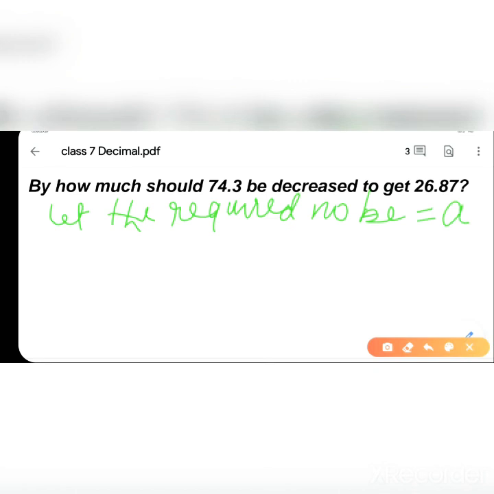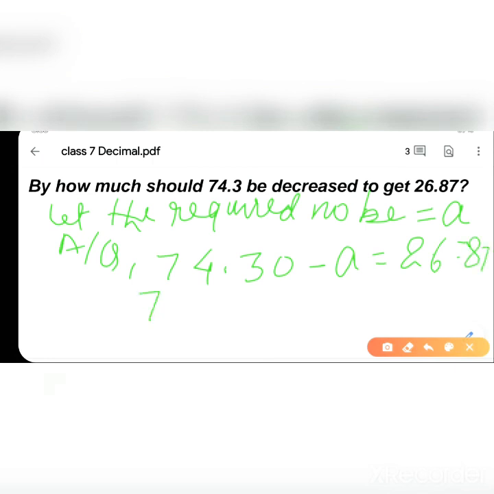So by how much should it be decreased? I'm converting it in the question itself into like decimals. 74.30 should be decreased by a to get 26.87.